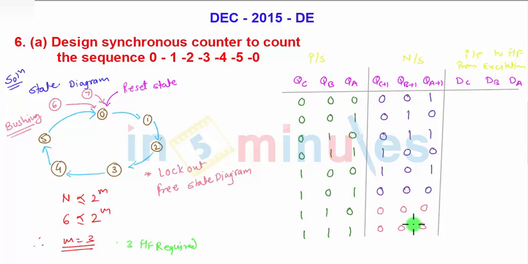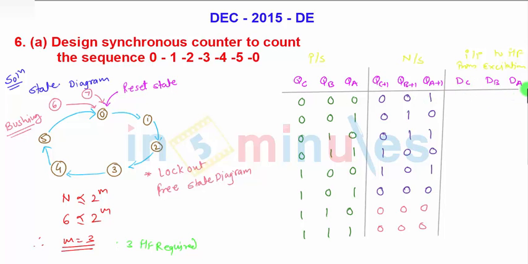Now we all know that the excitation table for the D flip-flop is a delay: it shows the output as a delayed input, so whatever the next state logic is will be copied as it is. That's why I am considering the D flip-flop. Whenever you are asked to design a synchronous counter and the flip-flop to be used is not mentioned in the question paper, you should always solve it with the D flip-flop, because it is very easy.